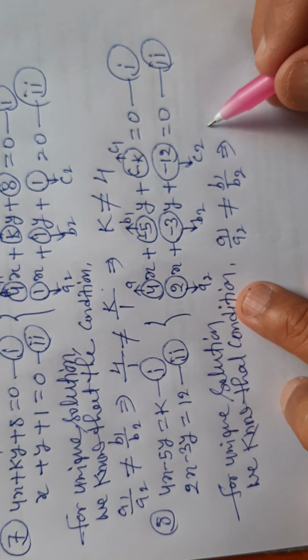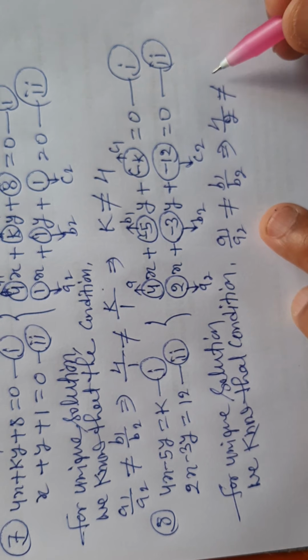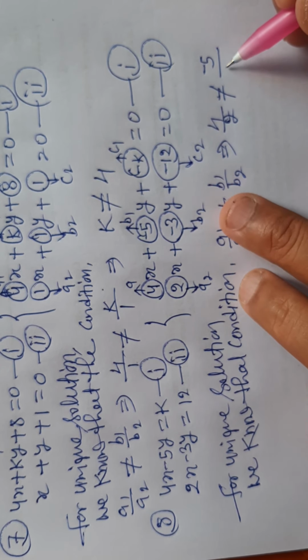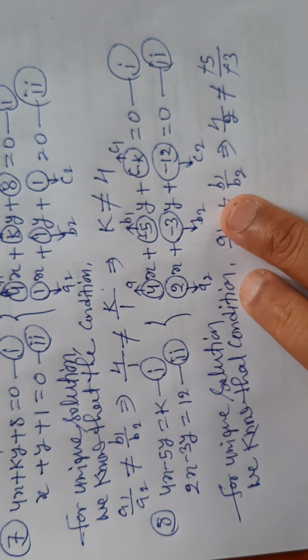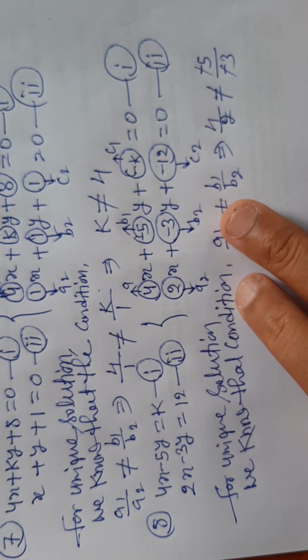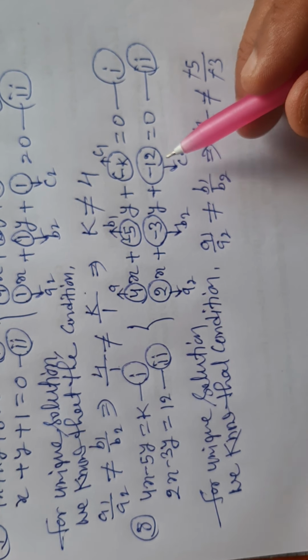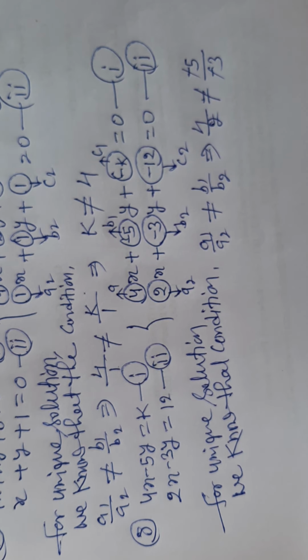Implies A1 is 4, A2 is 2, not equal to B1 is minus 5 and B2 is minus 3. Minus minus cancel. Therefore, for unique solution there is no restriction on the value of k. Question number 8.